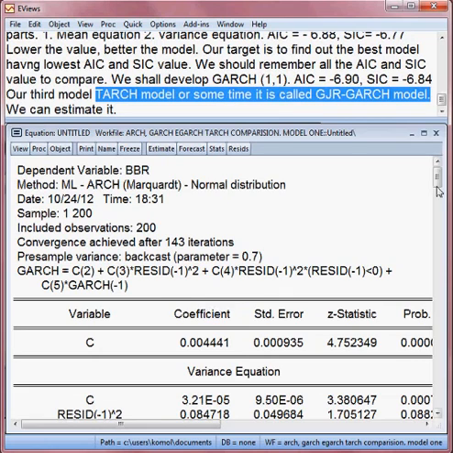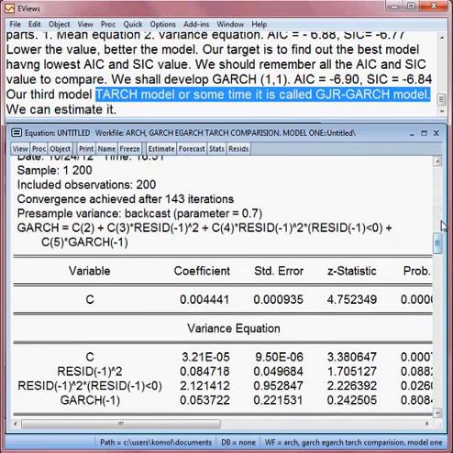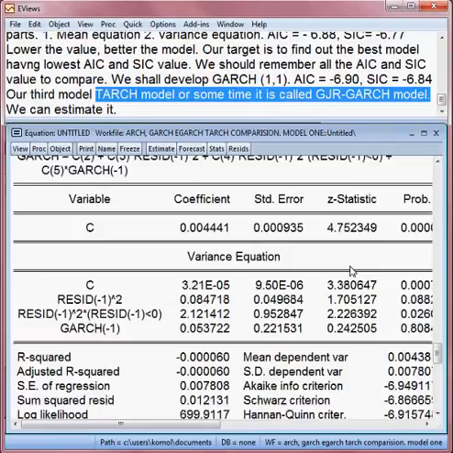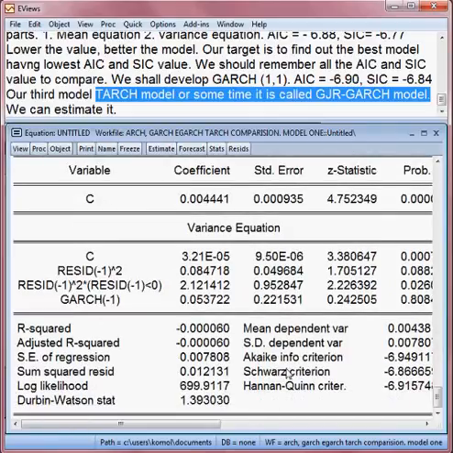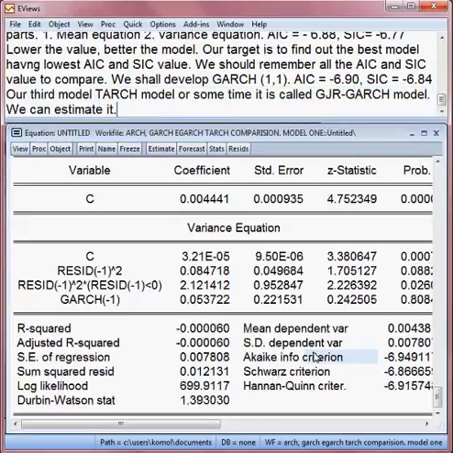So it is our model, and here you can see, what is the value of AIC and what is the value of SIC? First I talk about AIC. Suppose Akaike is minus 6.94.